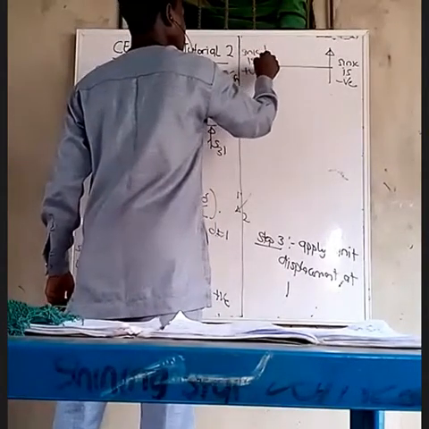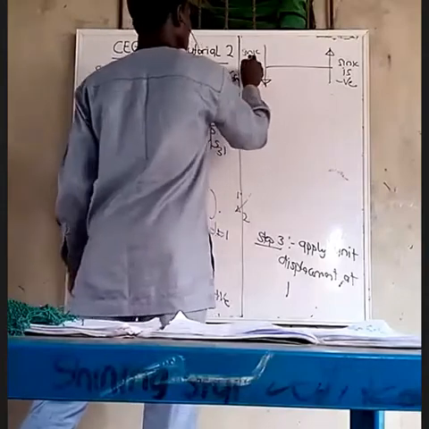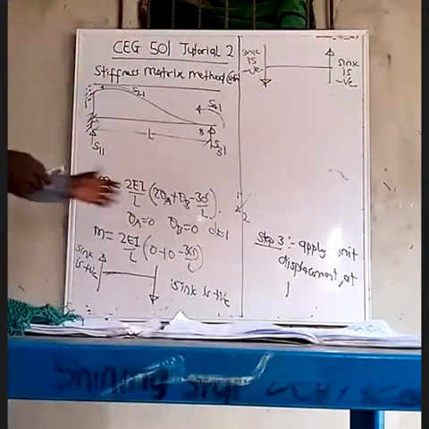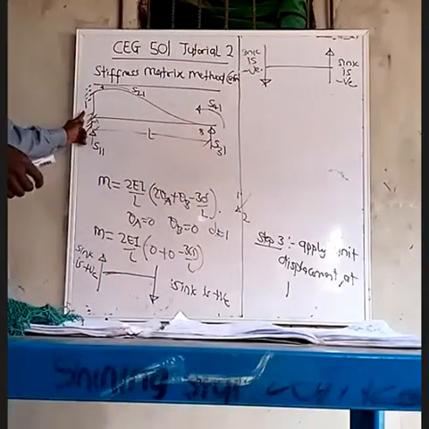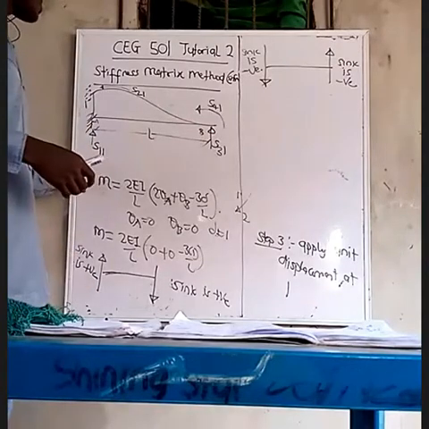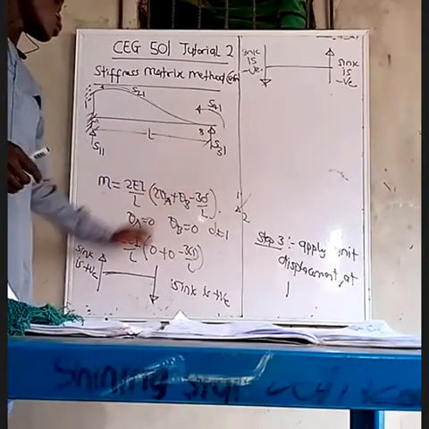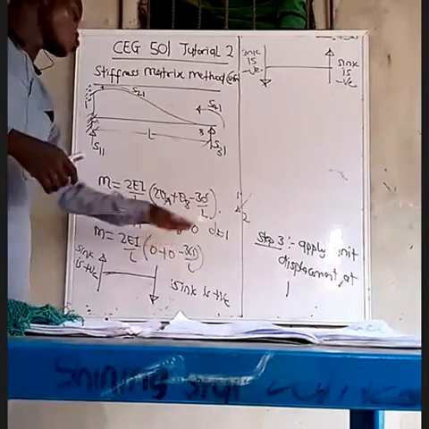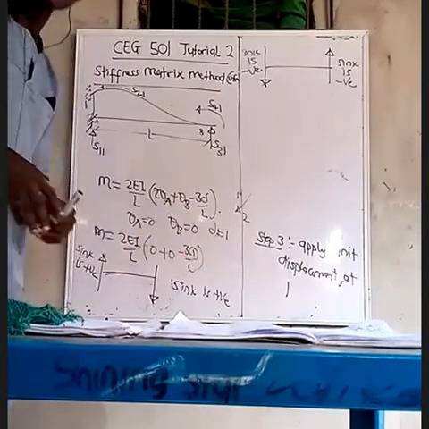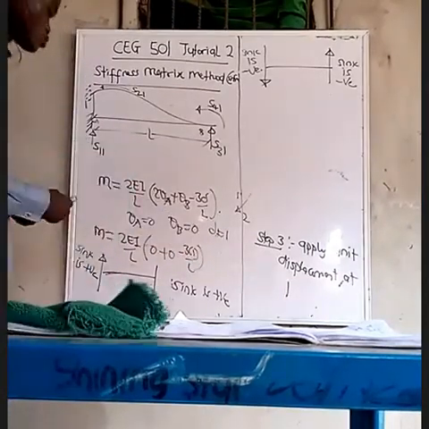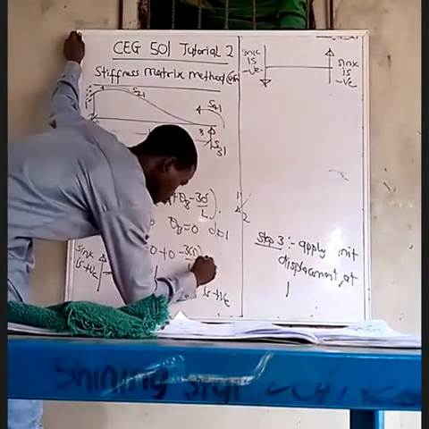And if the left support goes down with respect to the right support, sink is negative, sorry. So in this case now, we can see that the left support goes up with respect to the right support. So this sink is positive.